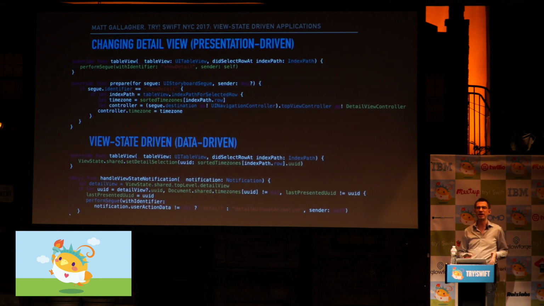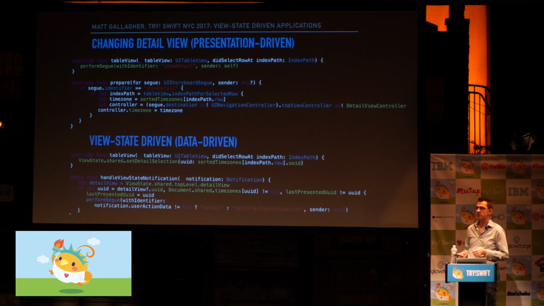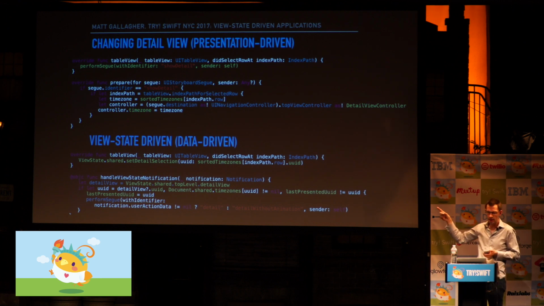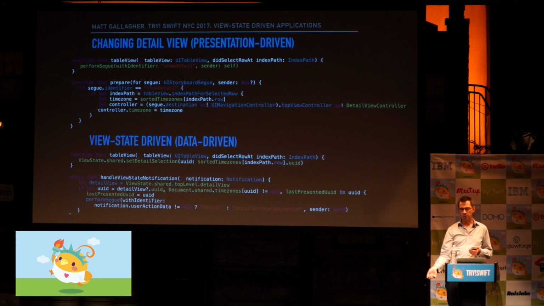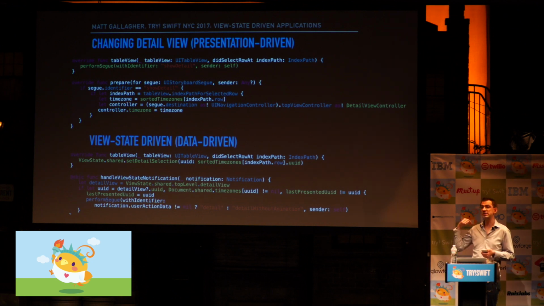Now, how do we apply this kind of model? So previously, when we wanted to bring up the detail view, that top one is just what I've already shown you before. It does the perform segue, the green line at the top there, and it sets the controller's time zone immediately after that, ugly digging into the detail view controller. To do it in a data-driven approach, instead of performing segue as the first action, we set the detail selection.